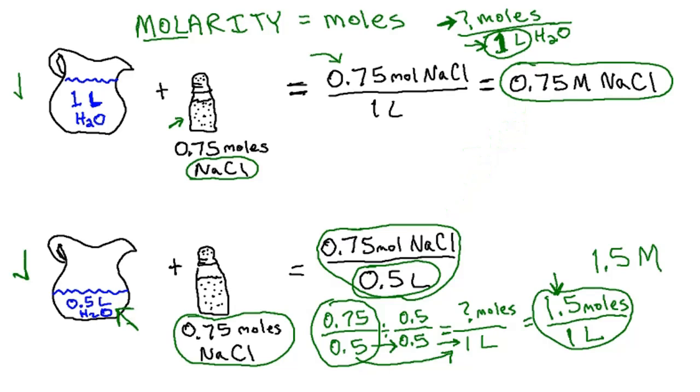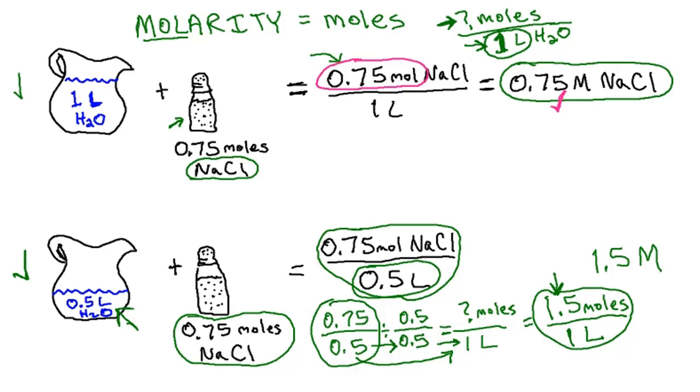Now, if we have, up here in the first problem, then how many grams of sodium chloride is going to go into that 1 liter of water? Well, once again, we go to the periodic table for that, and we have to look up how many grams of sodium chloride is in each mole of sodium chloride. So how do we do that?